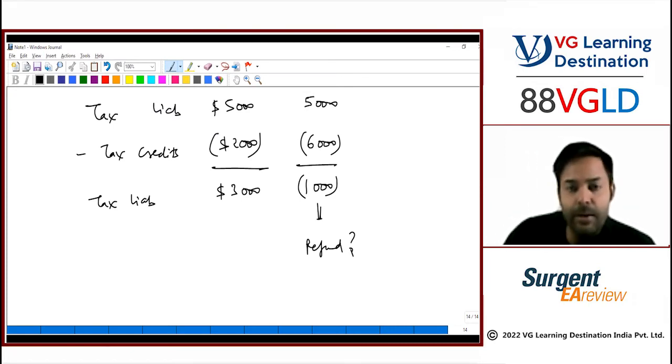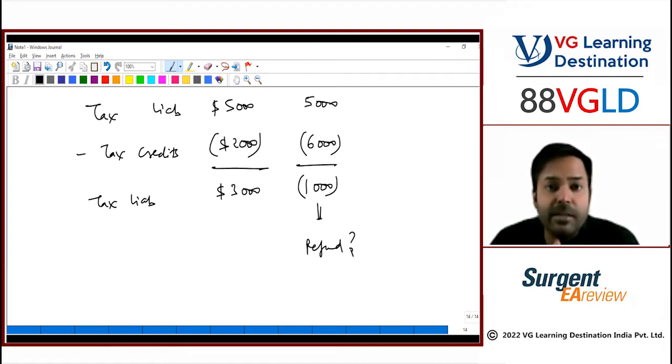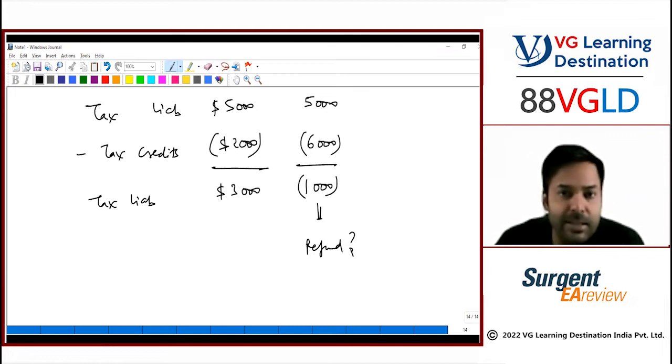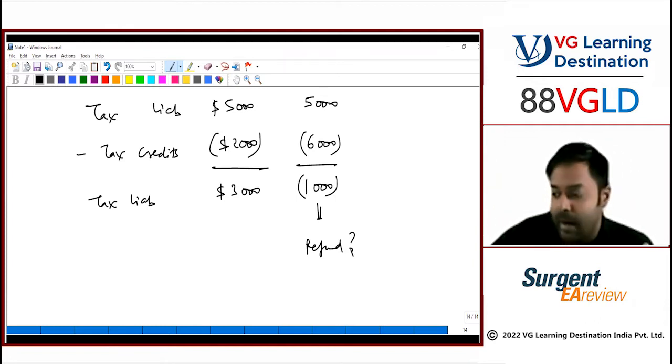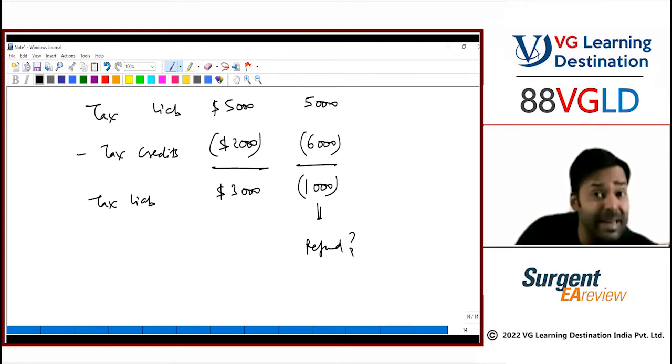Tax credit is in a way the advantage the government is giving to you, so that maybe your kids are going for a college, so that's why they are giving you the advantage in that case. Maybe you're adopting a kid, or you are going for work and you have to hire a babysitter, and the government is giving you that advantage. Maybe you are having a kid or any dependent.